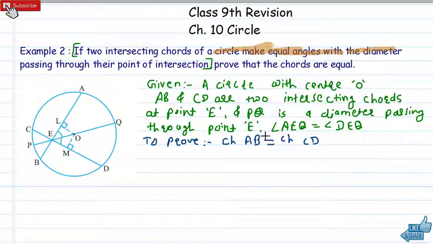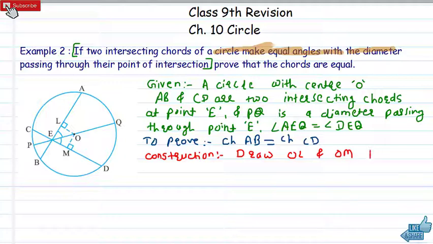For that reason, we require a small construction. In the construction, we have to draw OL and OM perpendicular on AB and CD.